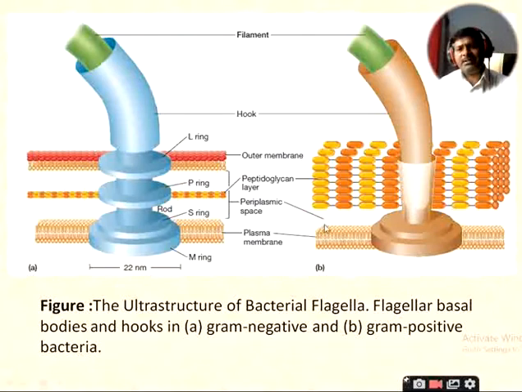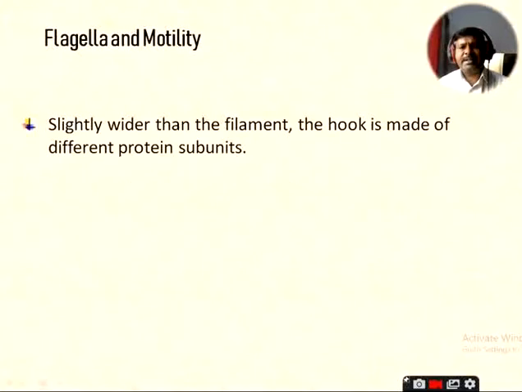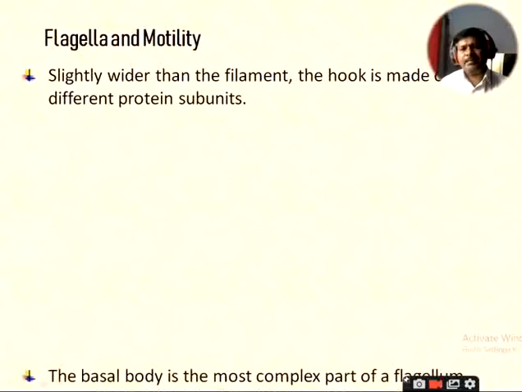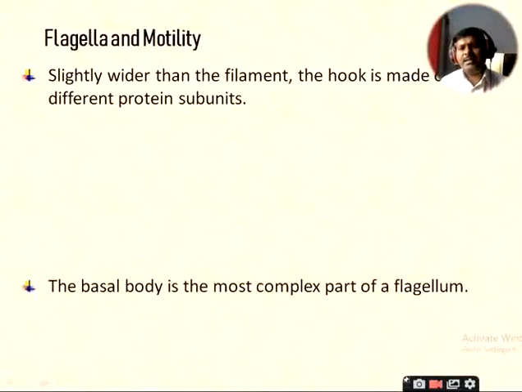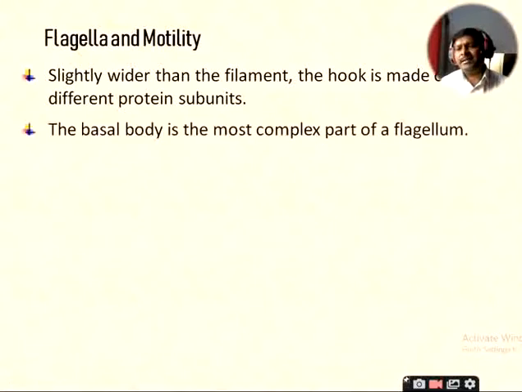In gram negative bacteria, different rings are shown: the L ring, P ring, S ring and M ring. These are made from proteins. Slightly wider than the filament, the hook is made of different protein subunits. The basal body is the most complex part of the flagellum.